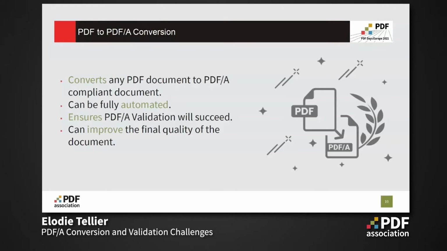Or alternatively, it can act as a supporting tool for archivation systems. This process can be fully automated for batch process solutions, and in many cases it can improve the quality of the final document, like optimizing file size, rendering consistency, etc.